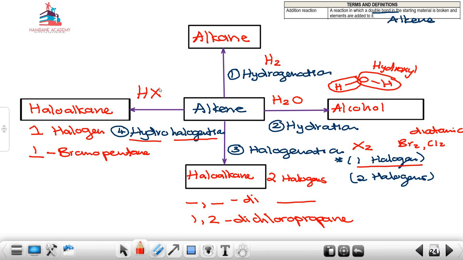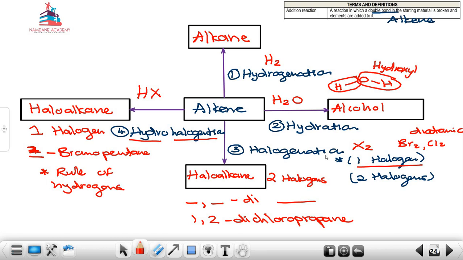Here, because you've added hydrogen and you've added, actually it will be 2 bromo pentane, right? So here 1 hydrogen will go on the first carbon and the halogen will go on the second carbon. And I'll speak about the rule of hydrogens that is determining on which carbon it will join.